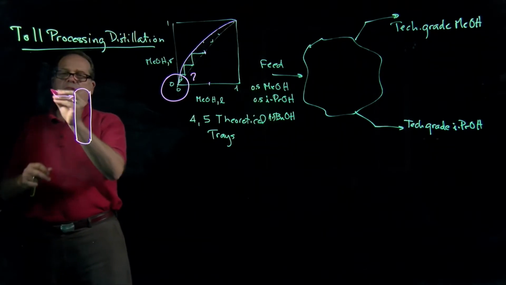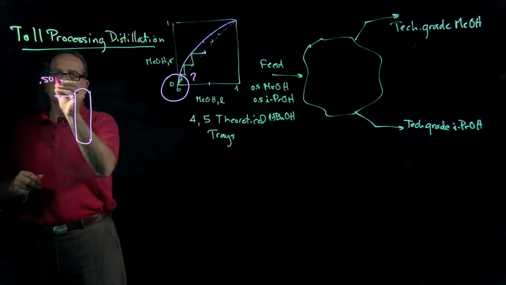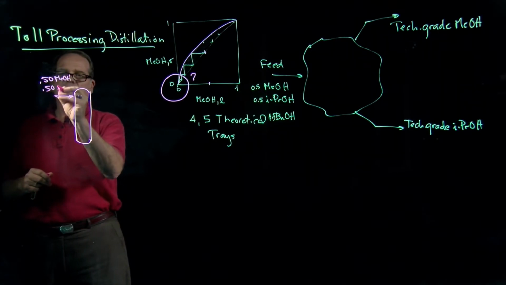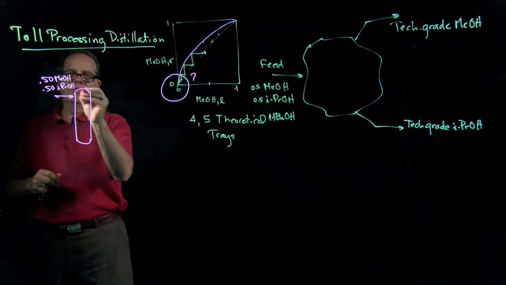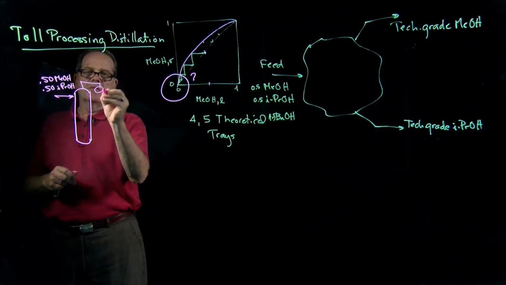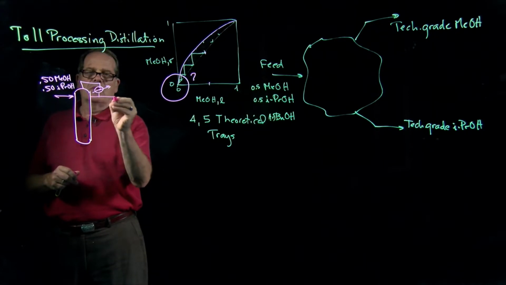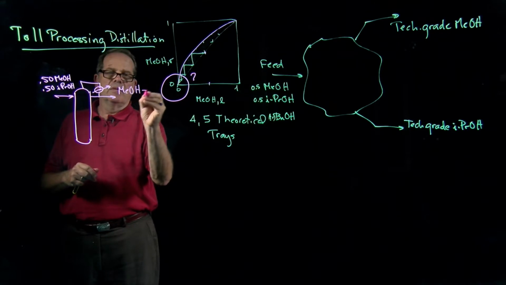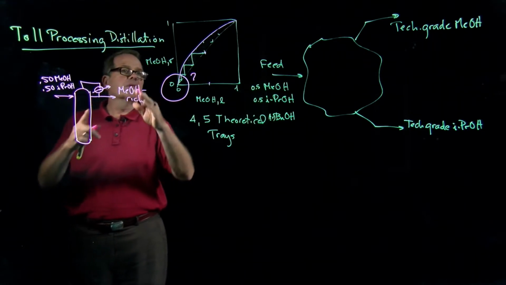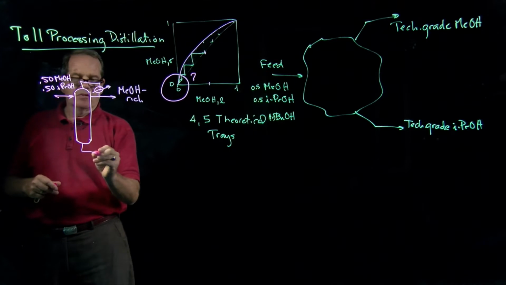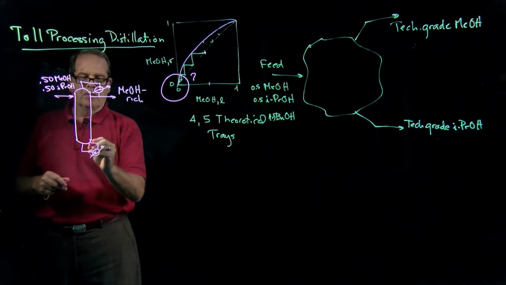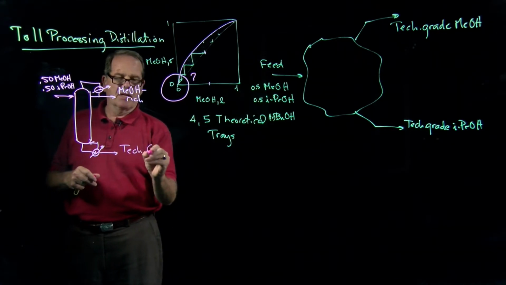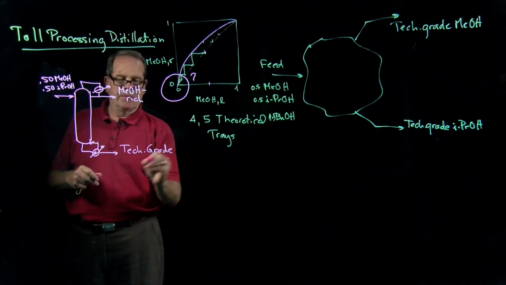So I'm really feeding the 50% methanol and approximately 50% isopropanol right at the top. Taking off a methanol-rich product, but nowhere near 100%. And then with my reboiler down here, hopefully making a tech grade isopropanol.